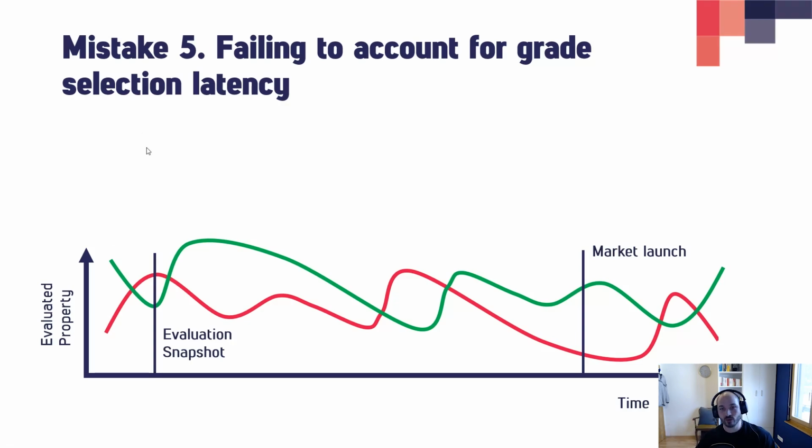So you have the green and the red curves, and the red curve is obviously higher at the time of evaluation, so the green gets better prices. But that might go up and down, and when you're launching at the market, which can easily be 3 to 5 years in MedTech, then you have a higher price at the green one, which was previously cheaper.